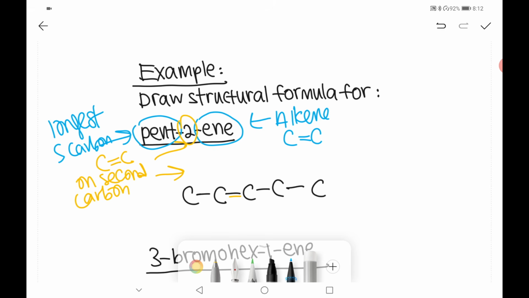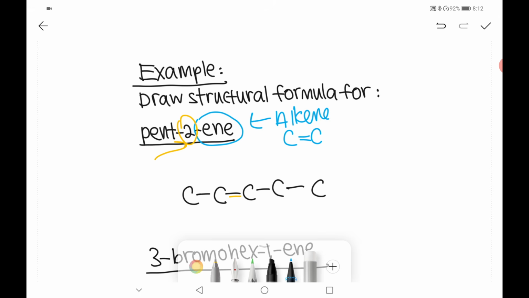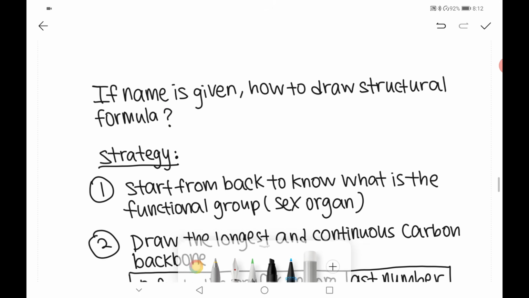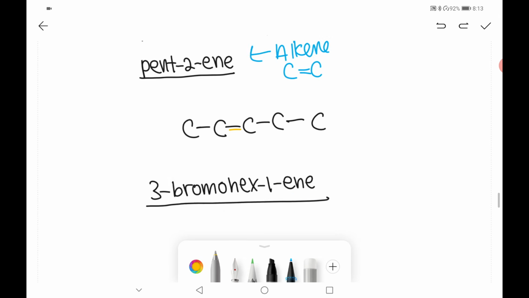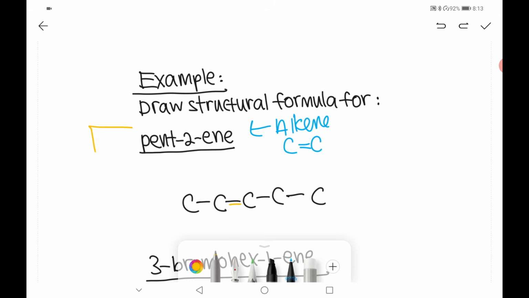After you draw all the things like this, you have to check the next one. You have to look at the front number to determine the number of branches. Do we have a branch here? How do we know? Look at the front.